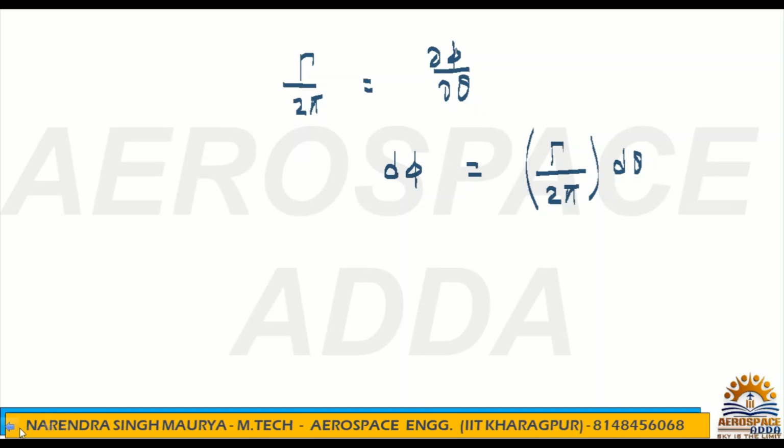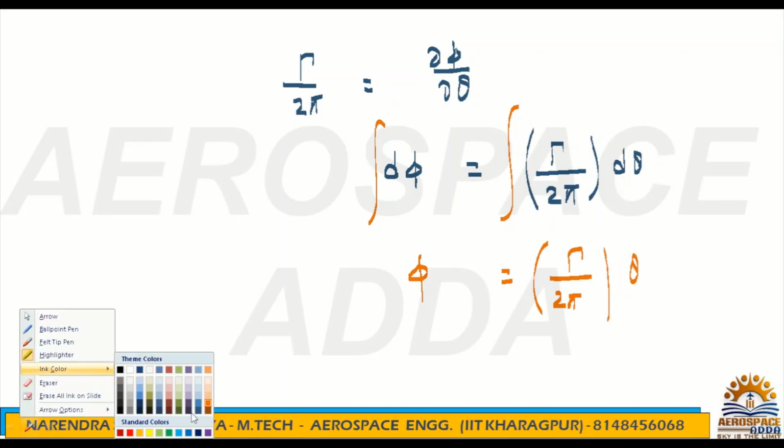Now just integrate both sides. You will get phi equal to circulation upon 2 pi, and the integration of d theta is theta. So this is the potential function.